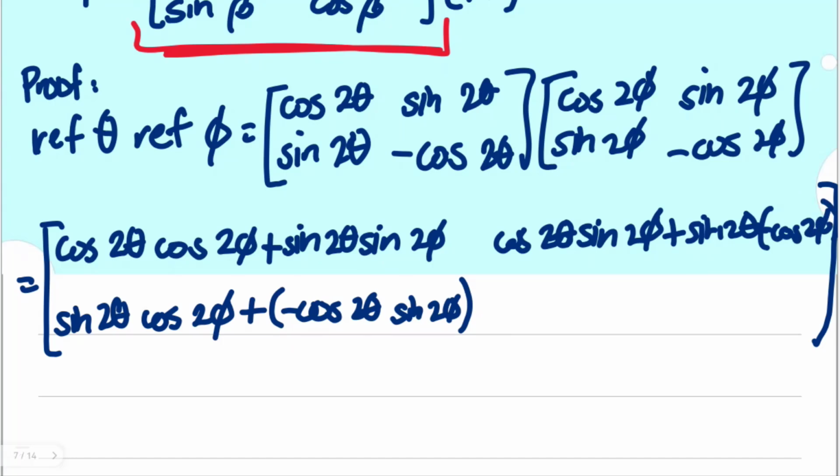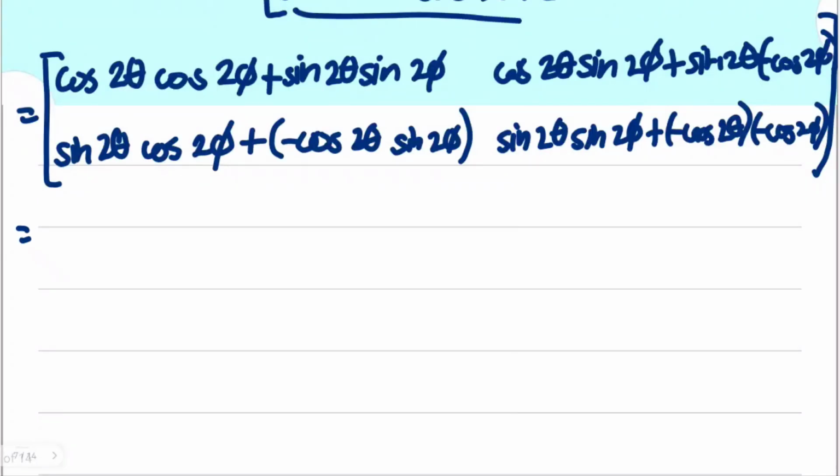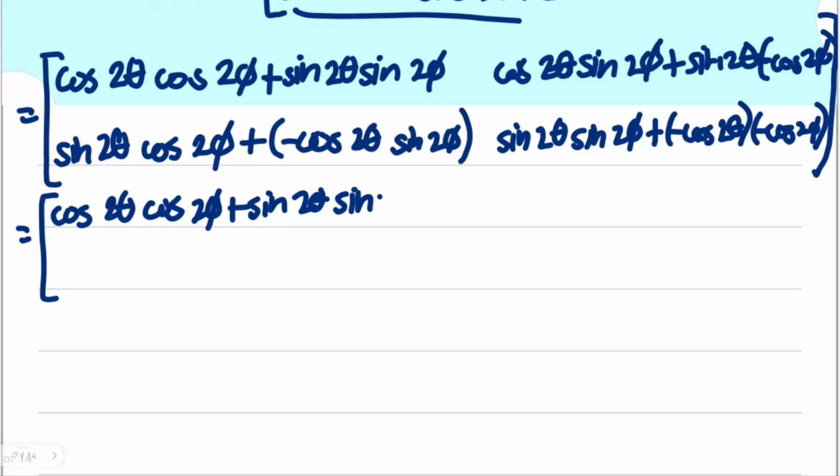Now for the last, this one and this: sine twice theta, sine twice phi, plus negative cosine twice theta times negative cosine twice phi. I did not automatically simplify the signs, because I have the next step for that, a step-by-step process. Cosine twice theta, cosine twice phi, plus sine twice theta, sine twice phi.